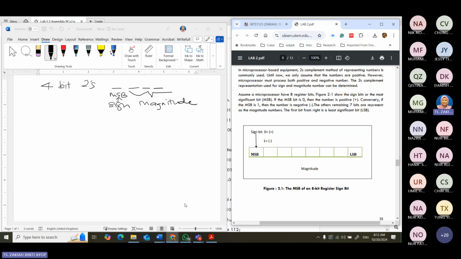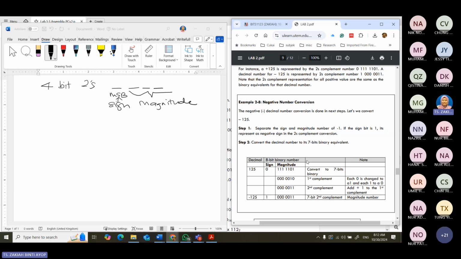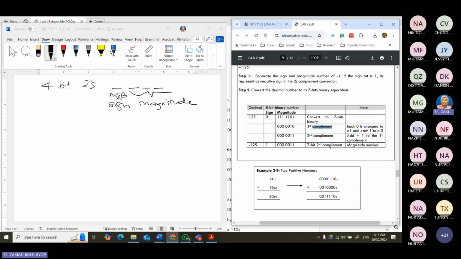Now for 2's complement, when we want to represent a number using 2's complement, we need to use the first complement first. Look at this step: each 0 is changed to a 1, and each 1 is changed to a 0. Then to convert it to 2's complement, we add 1 to the first complement that we calculated previously.